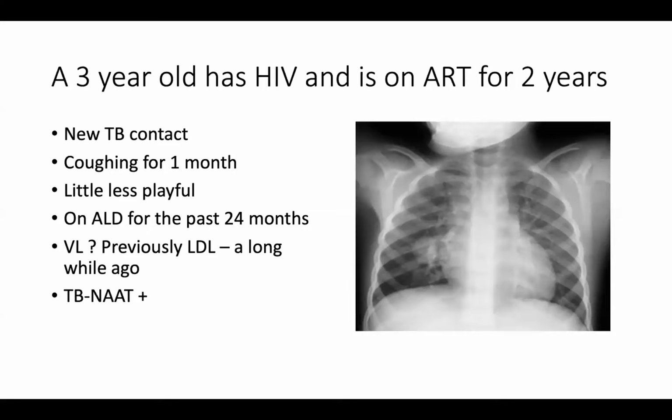But for us to decide about treatment shortening, we would want to know the viral load and know that this patient is doing well, because one of the other reasons that they might be developing TB is that they've stopped taking the antiretroviral therapy and maybe having increased vulnerability again due to dropping CD4 count.